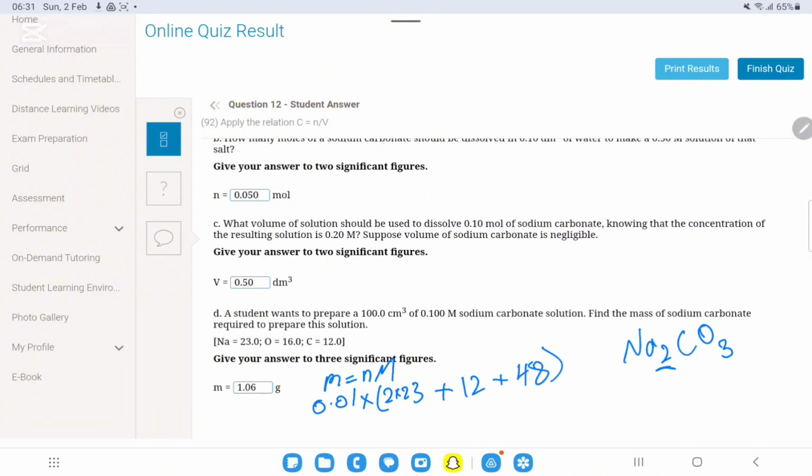You put that in the calculator, you get exactly 1.06, and they wanted 3 significant figures. It's already in the correct amount of significant figures, and that is section 6.4.